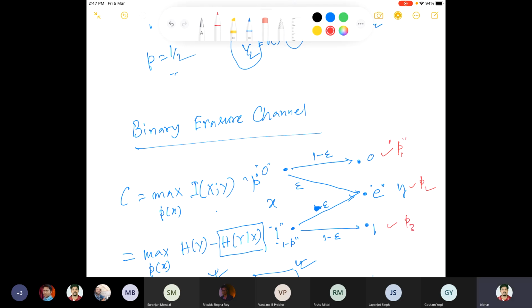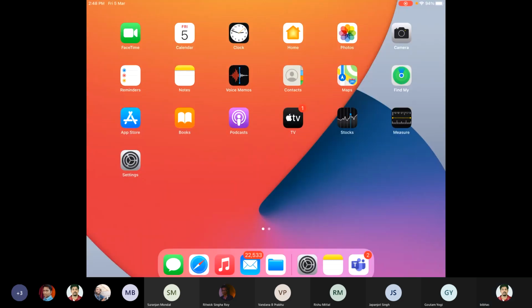And this can be computed using the above formula, which I already discussed. So p1 will be a function of p. Or let me write a different notation. Everything is p here. Let me write this to be equal to pi, and this to be equal to 1 minus pi. So p1 is in terms of pi. P2 also will be in terms of pi.